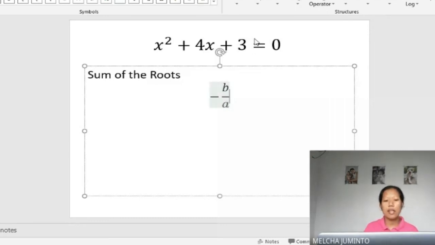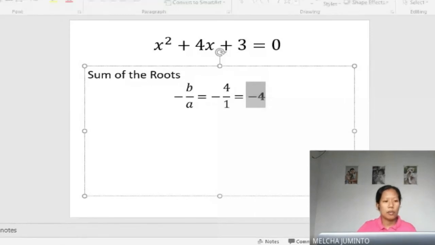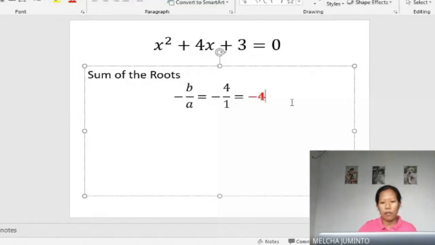Again, to find the sum of the roots, just use negative b over a. So negative, what is b? From the equation, b is 4. What is a? 1. So negative 4 over 1 is negative 4. The sum of the roots is negative 4.